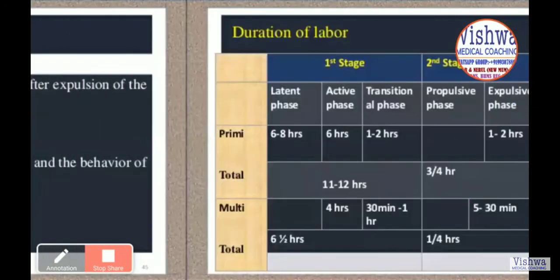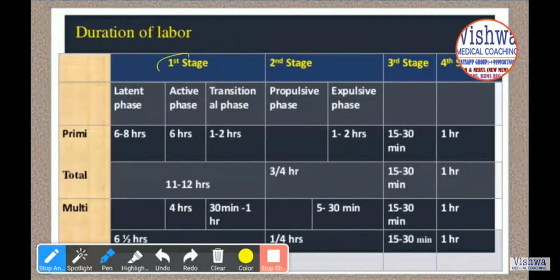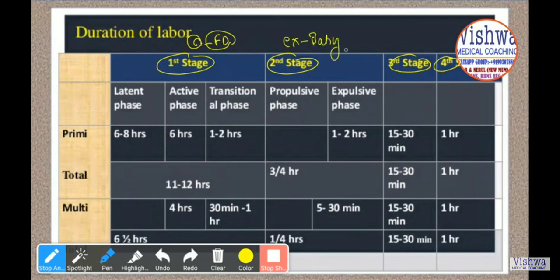Now, how much exactly is the time required for normal labor? Remember, first stage, second stage, third stage, and fourth stage. As we know, the first stage is from the contraction to full dilatation. The second is expulsion of the baby, and the third is the placental stage.